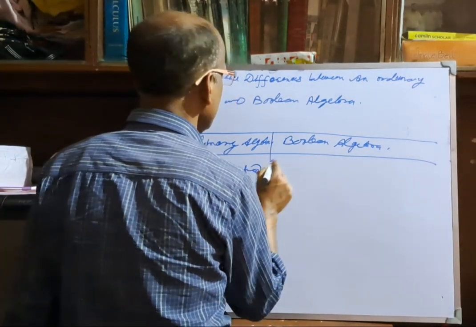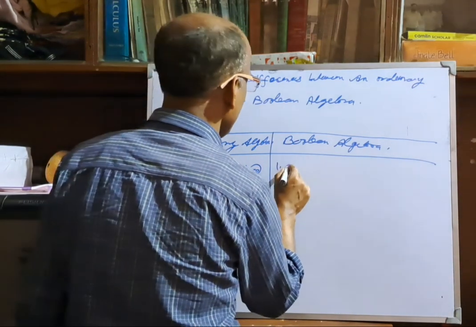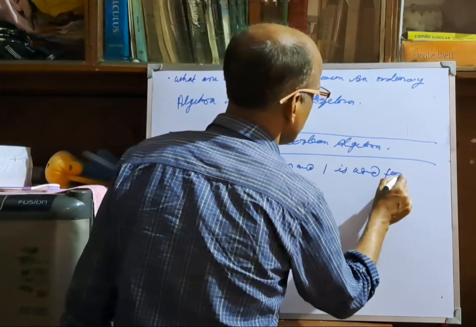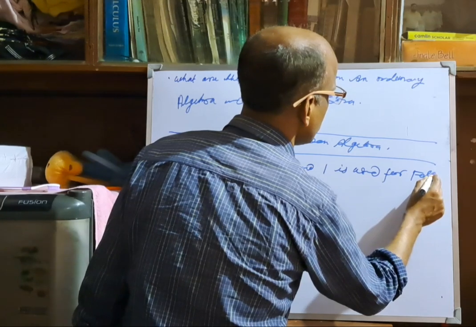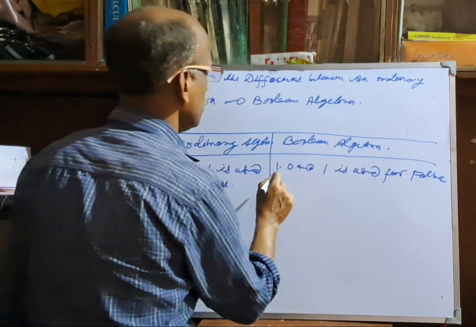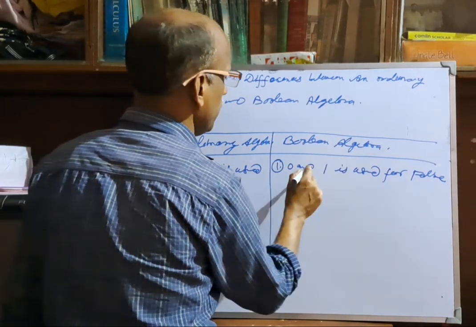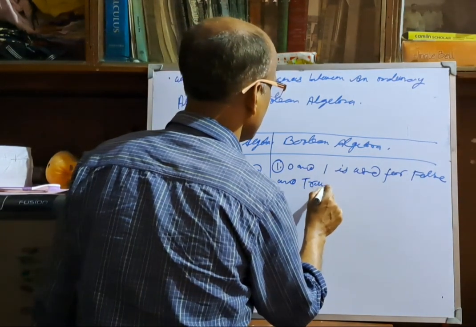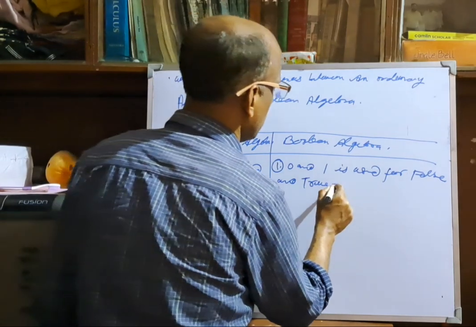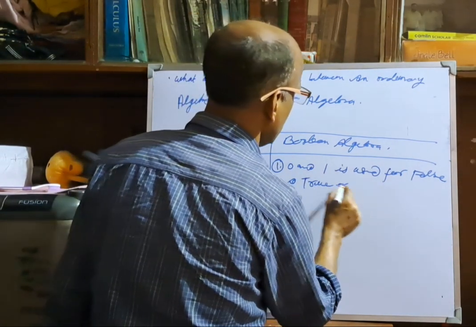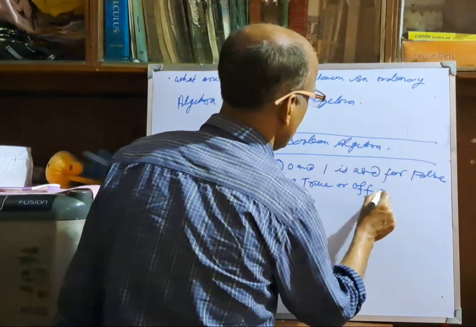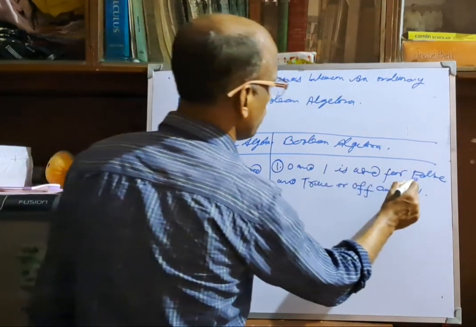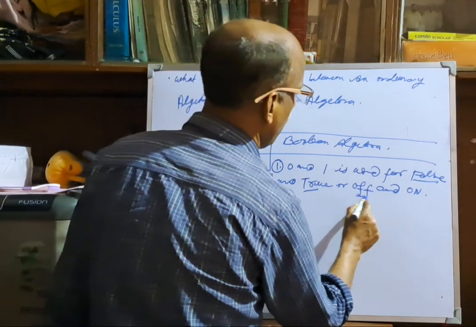But in the case of Boolean algebra, 0 and 1 are used for false and true, or off and on.